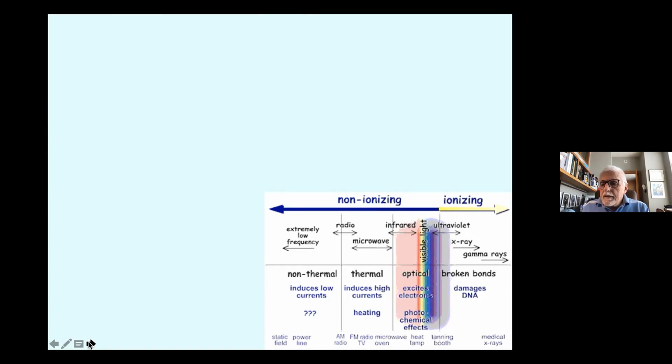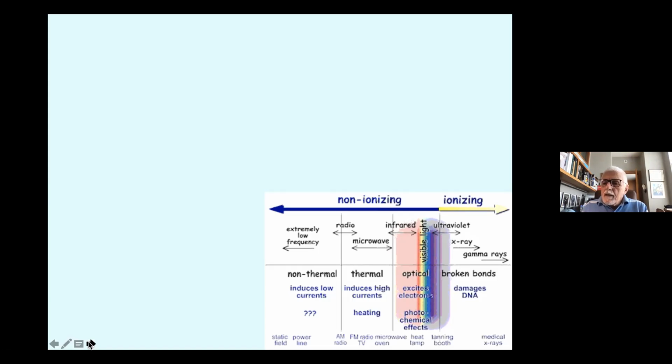The light rays we experience, and then it gets on up into ultraviolet. At the upper end of ultraviolet, it becomes ionizing. That is, there's enough frequency and enough energy to actually disrupt bonds and to damage DNA. So stay out of the tanning booths. That's one of the primary messages.